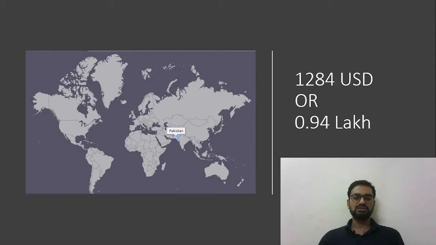Obviously, this also comes under developing, or rather below developing countries, with most of the population still trying to go above the poverty line. So 1 lakh is considerably less per individual per year. Each year they are making that, so that is less than 10,000 rupees per month per individual.